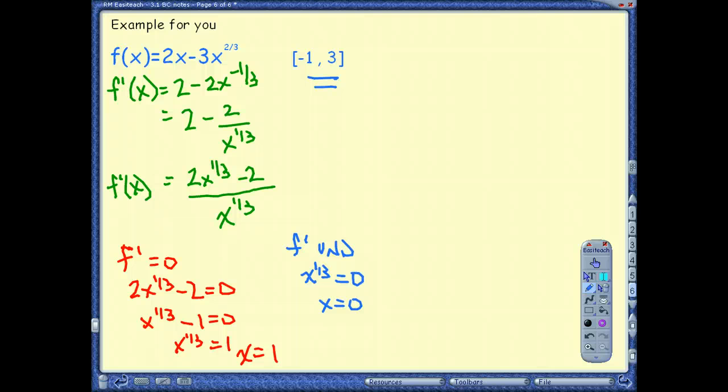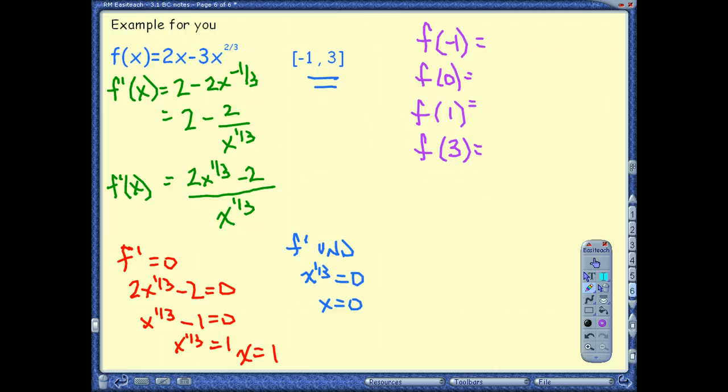You've always got to watch those derivatives that are undefined. Make sure the point you find is a point in the domain of your original function. And everything is perfectly fine for us. So we're ready to plug in our numbers. So f of -1, f of 0, f of 1, and f of 3.